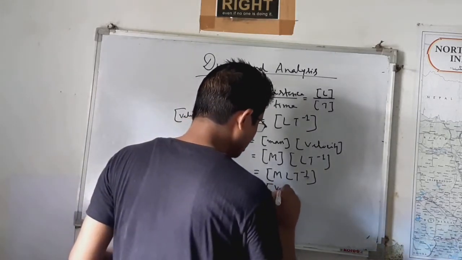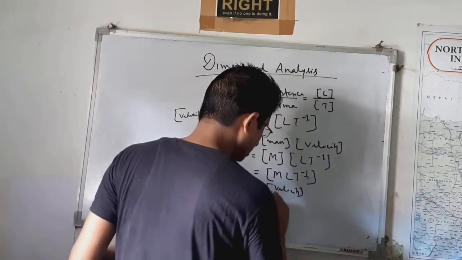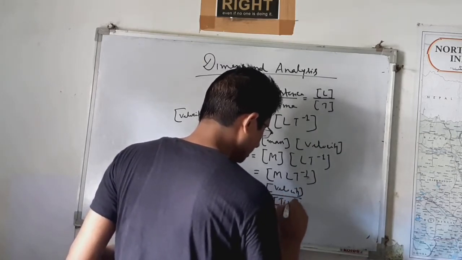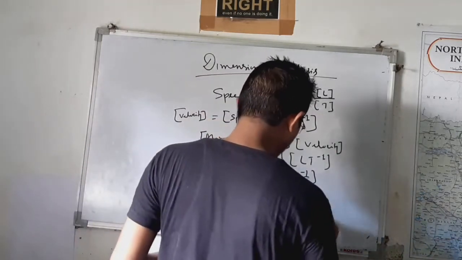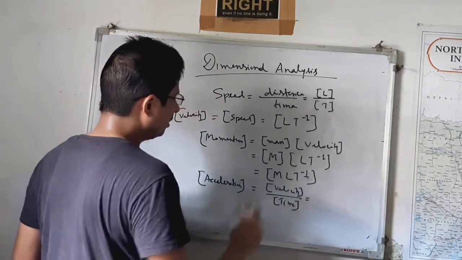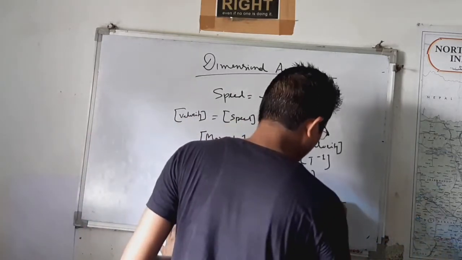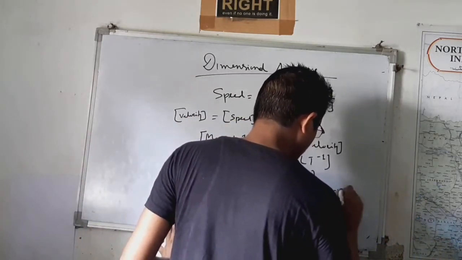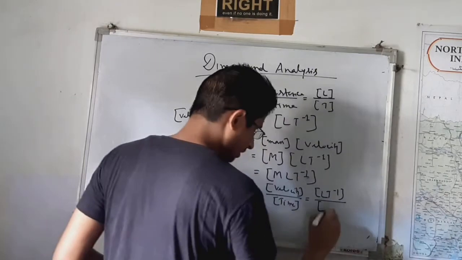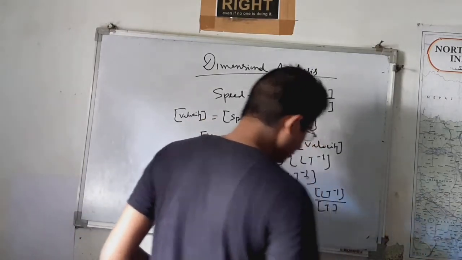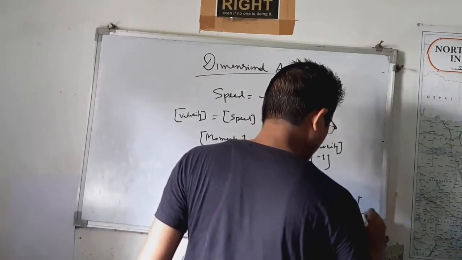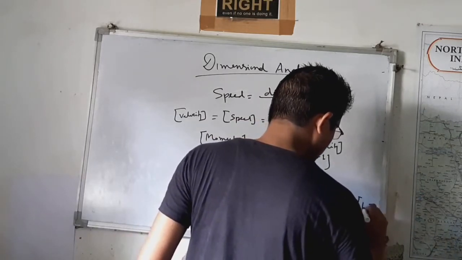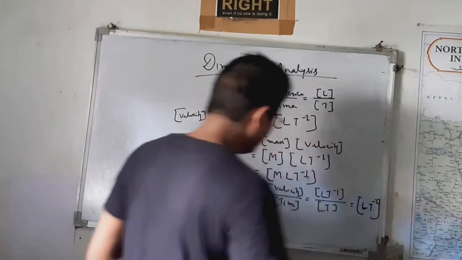So the dimension of velocity divided by the dimension of time. Velocity is nothing but L T inverse, and it is time here. So the dimension of acceleration is L T to the power minus 2.